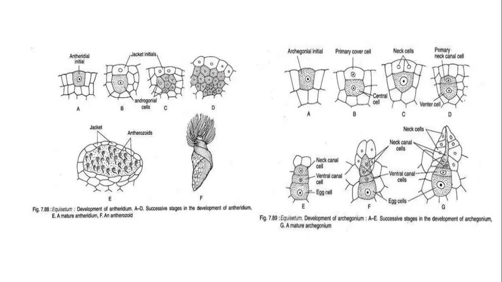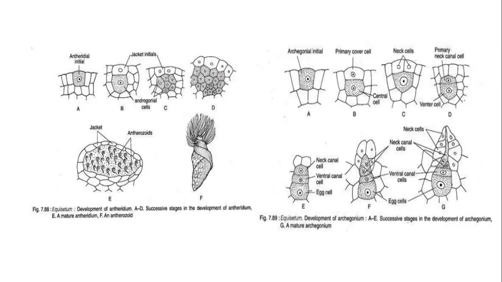And these are the multiciliated flagella. That means the flagella are many in number at the anterior position. And the lower part of this antherozoid is expanded. Okay, so the antherozoids developed in Equisetum are spirally coiled and multiflagellated or multiciliate.